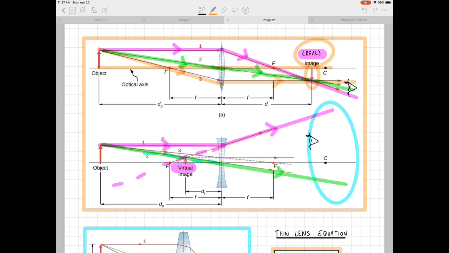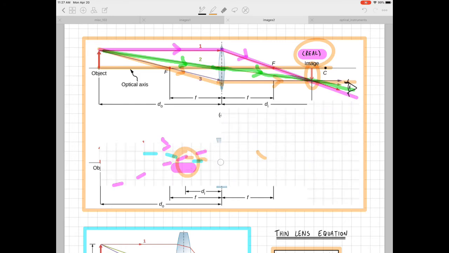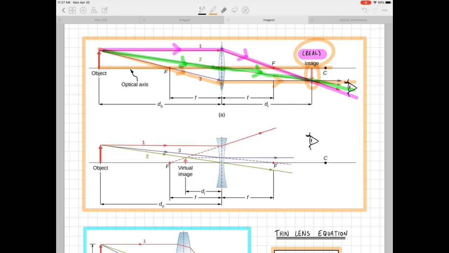So this third ray is the ray that would go along that path, but hits the lens and then comes out parallel to the optical axis. And then you can trace that ray back, and that also intersects right there at the same location. And so I'm going to clear up the rays just so that we can see the image. So we get an image that forms right here.